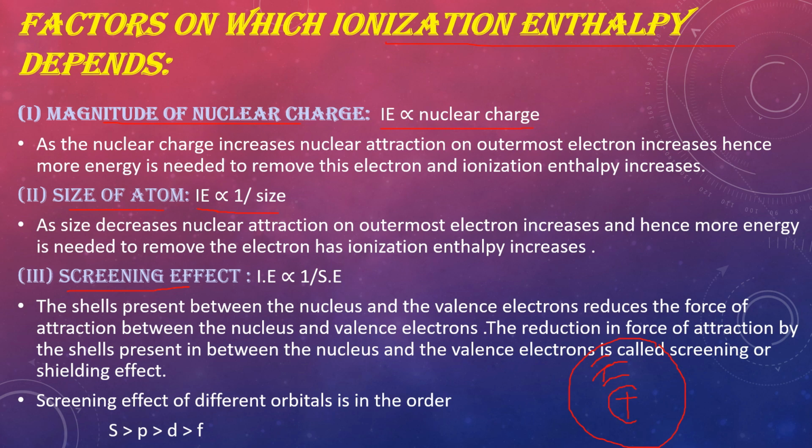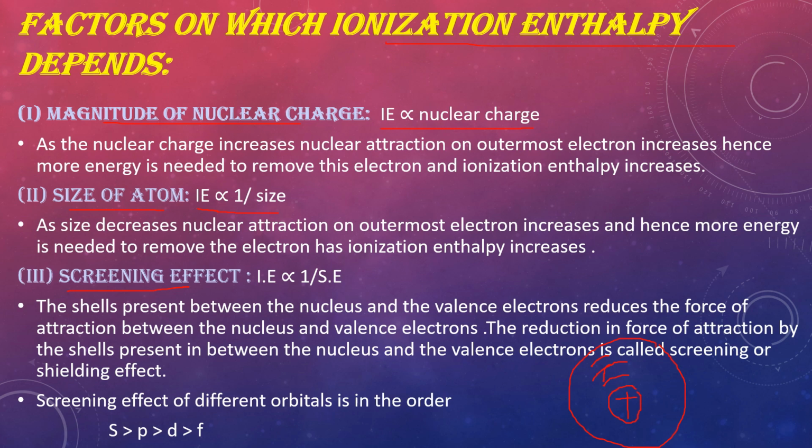So more the number of intervening shells, more is the screening effect. Suppose these shells act as a wall between the nucleus and the outermost electron, or you can say they shield the outermost electron from the nuclear attraction. So more the number of shells in between the nucleus and the outermost electron, more is the shielding effect.